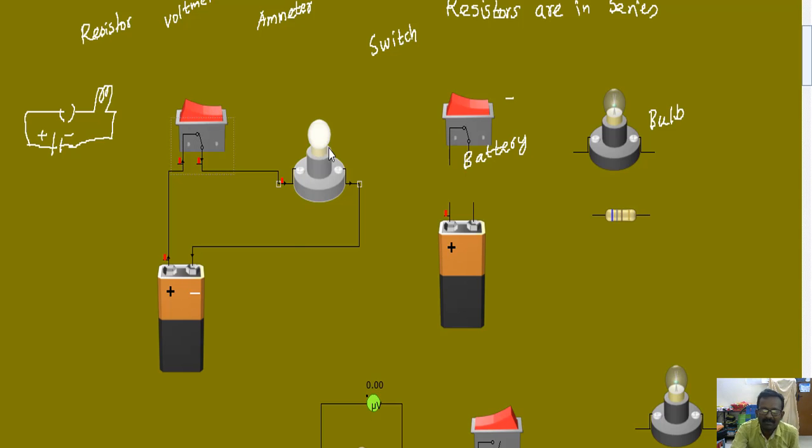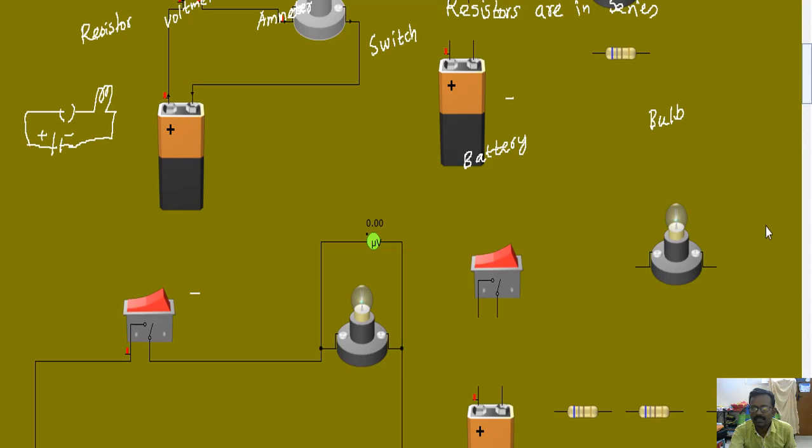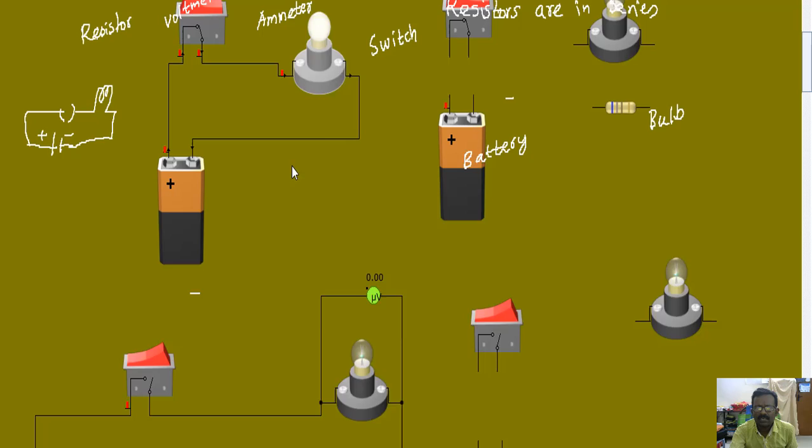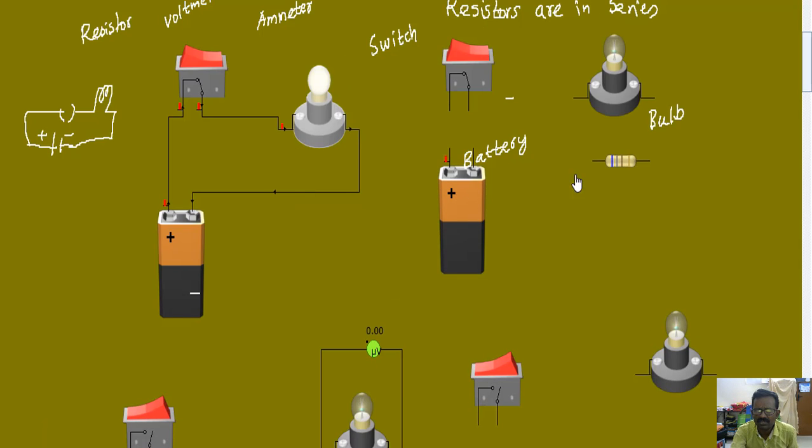Now the bulb glows brightly. See, now I connect this circuit. Here we do not have any resistor. Now I am going to use a resistor. Shall we make a connection for this one?